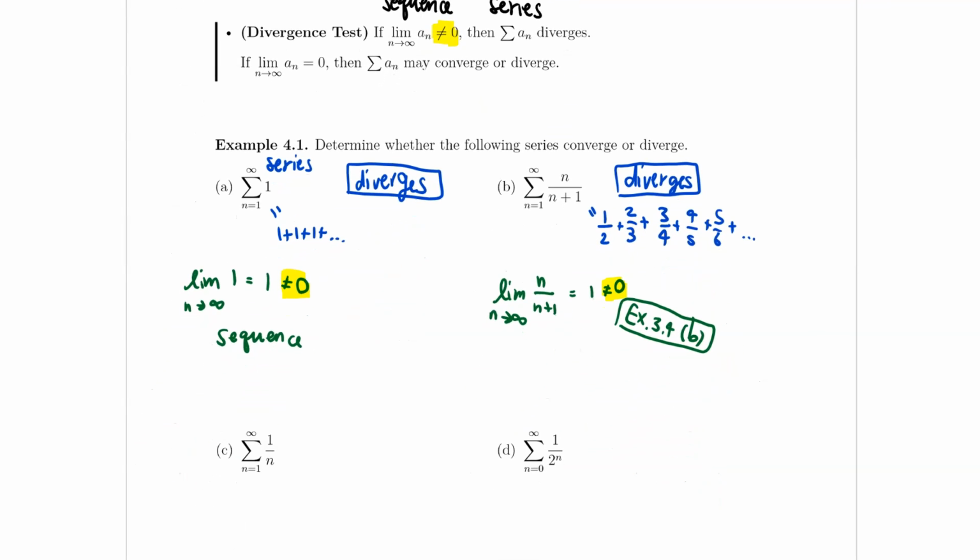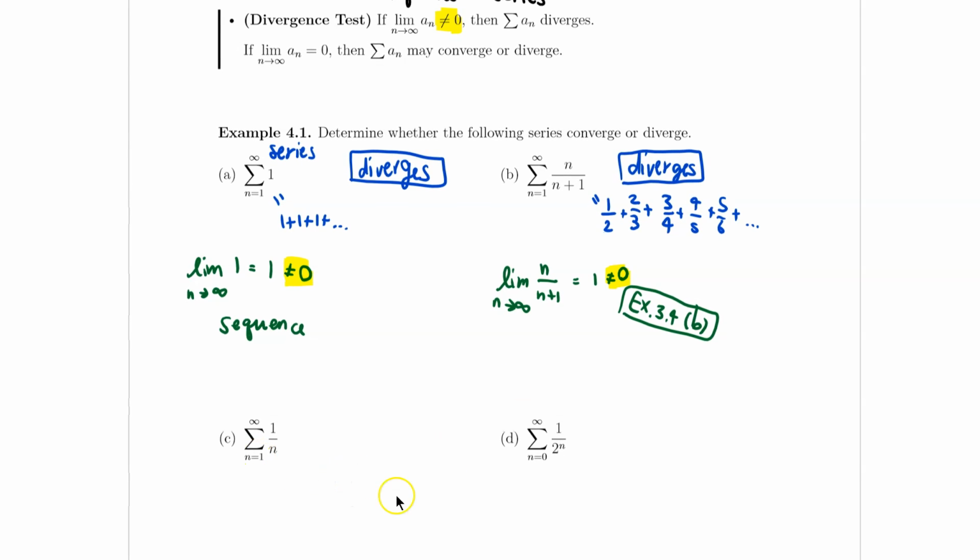Now, if we take a look at the last two examples, notice how if we look at the limit of the sequence in this sum, the limit of 1 over n, where n goes to infinity, when n gets really large, 1 over n is going to get really small, so this limit is going to be 0. And for the last one, the limit of 1 over 2 to the n, where n goes to infinity, is also going to equal 0.